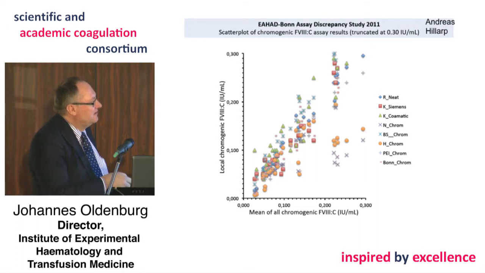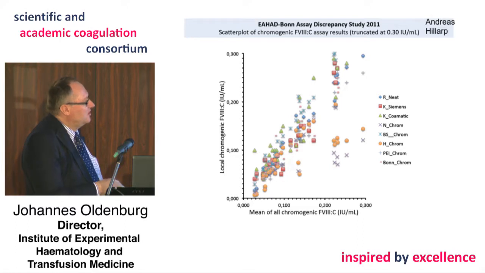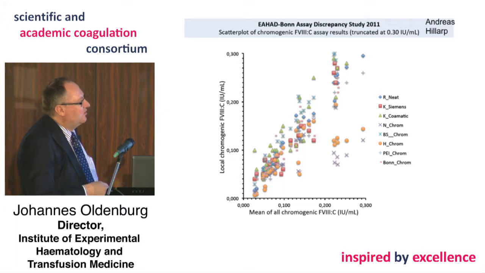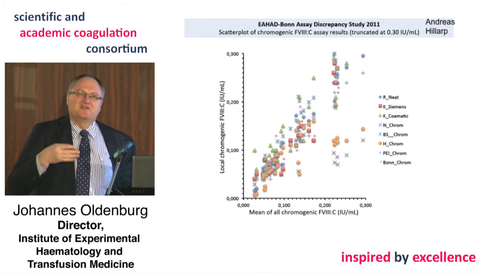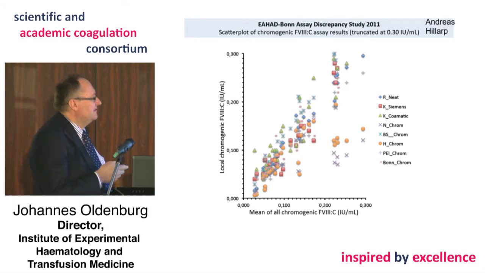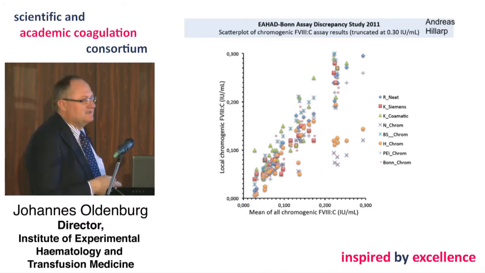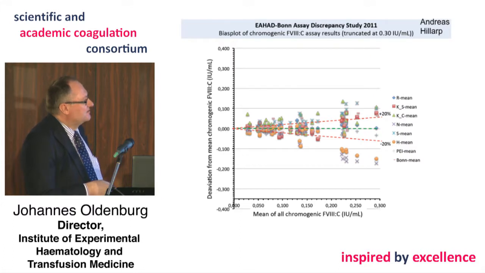So also here, the chromogenic assays are quite variable, although they are all in a much, much higher area than the one-stage assays. And here, again, the overall variation is seen. So there is, again, some local lab-dependent assay variation that could be seen with the chromogenic assays.